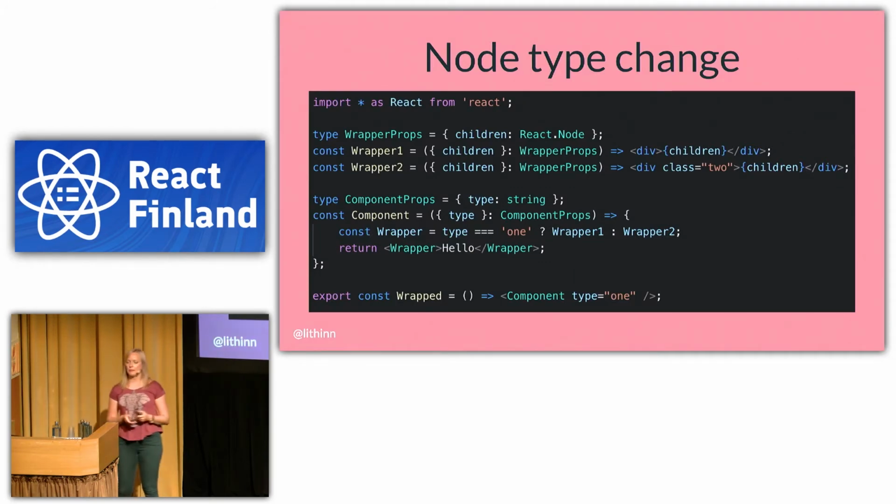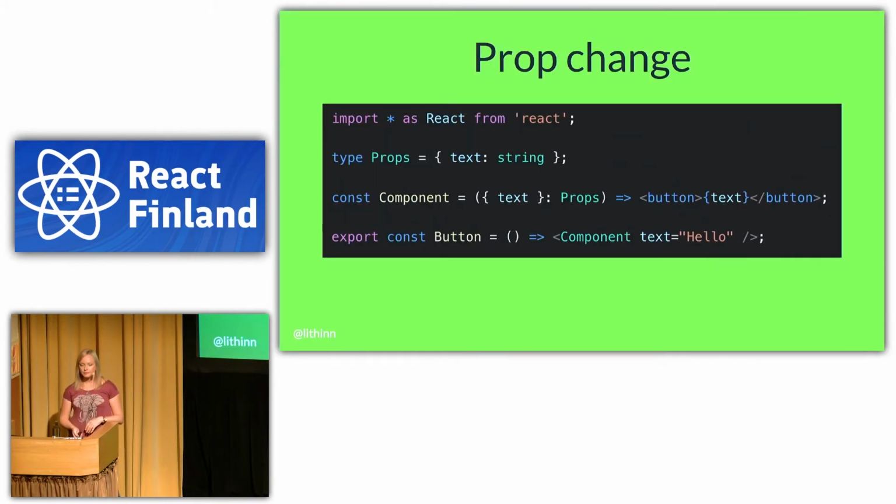A few practical examples in this one. We've got some sort of component that changes the wrapper around the children based on type. And as I said, that remounts everything, meaning that whatever the children might be, if it's a really complex tree, all of them will get re-rendered every single time you change the type. Not only re-rendered, but also remounted. That's even more work.